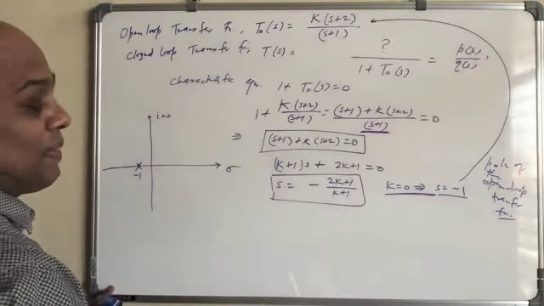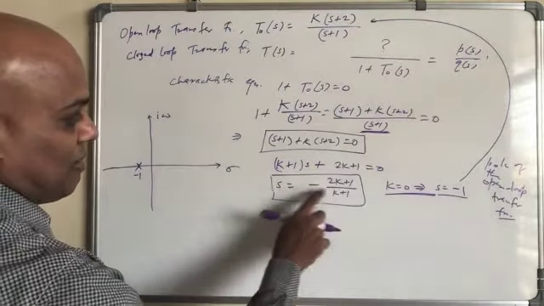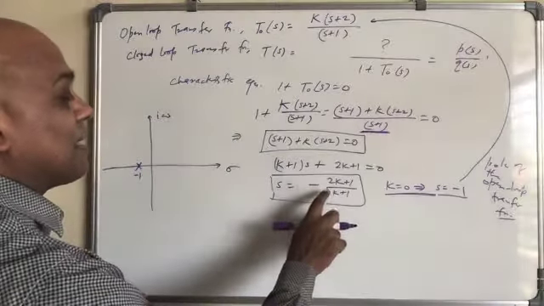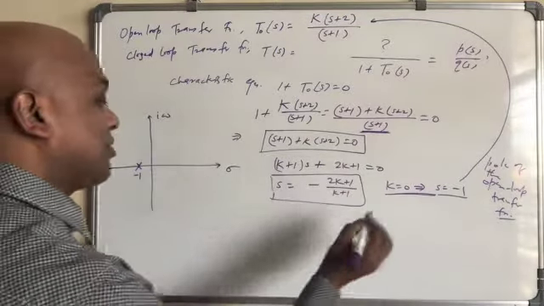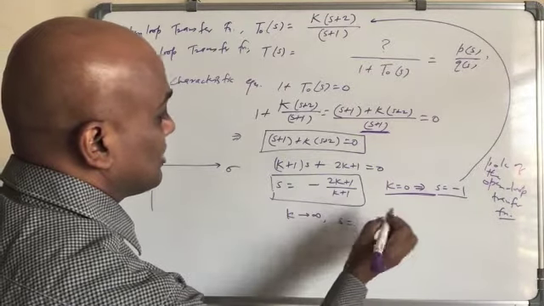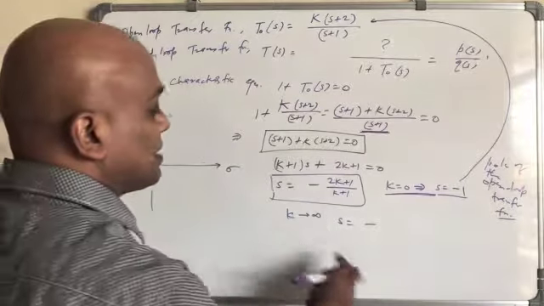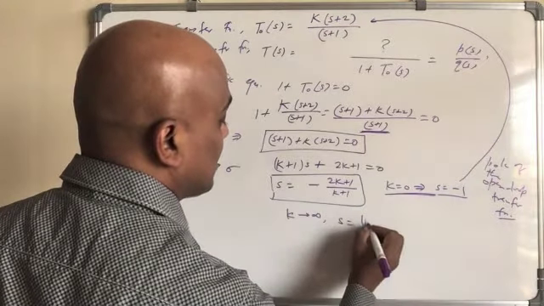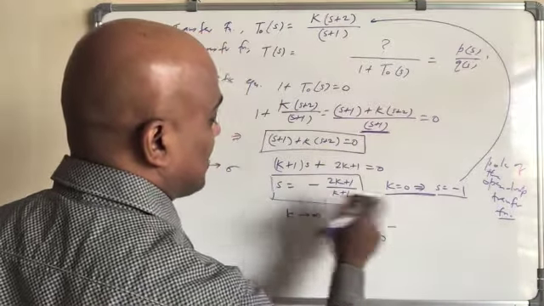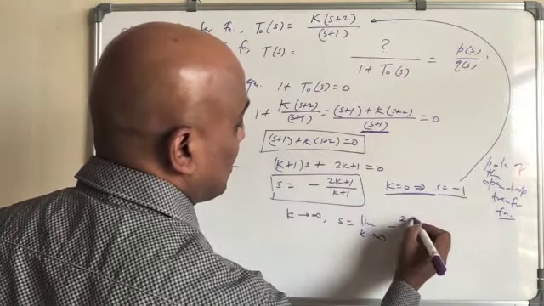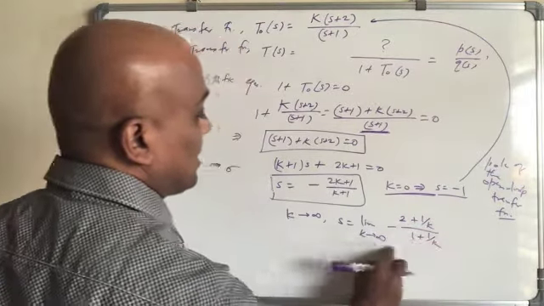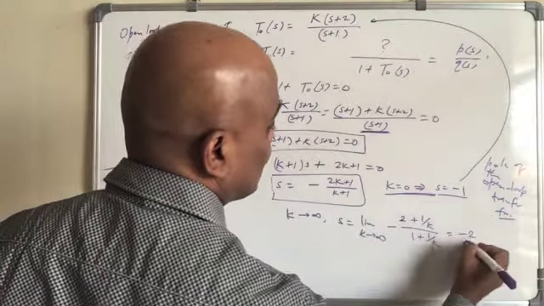Okay, and what is the maximum value? The maximum means magnitude wise, I'm asking. So if k equal to infinity, then what is the value? So k tends to infinity, then s equal to, we have to take the limits, right? s equal to limit k tends to infinity of minus, we divide by k, so you have 2 plus 1 over k, then 1 plus 1 over k, and hence you get minus 2.